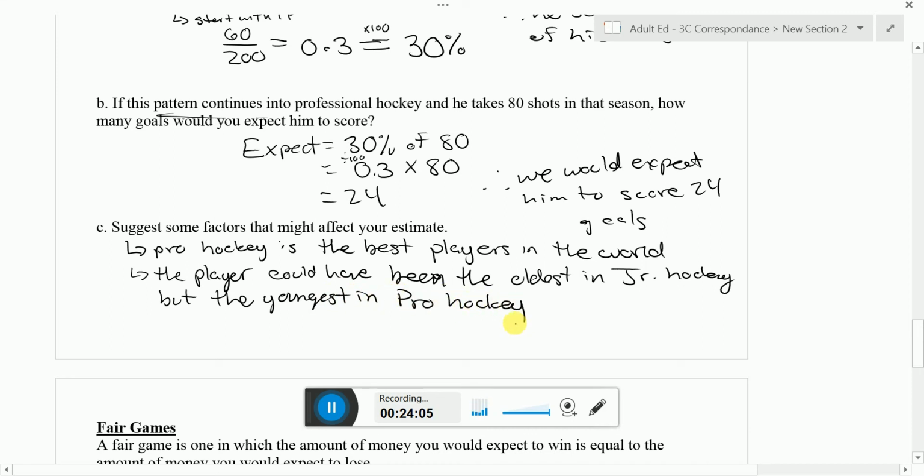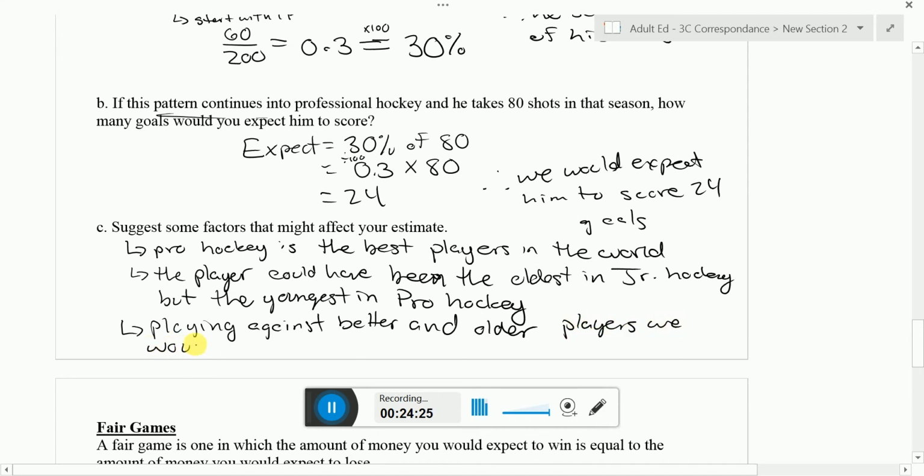So again, he's playing against better players, he's playing against older players. Because he's playing against better and older players, we wouldn't expect him to do as well.